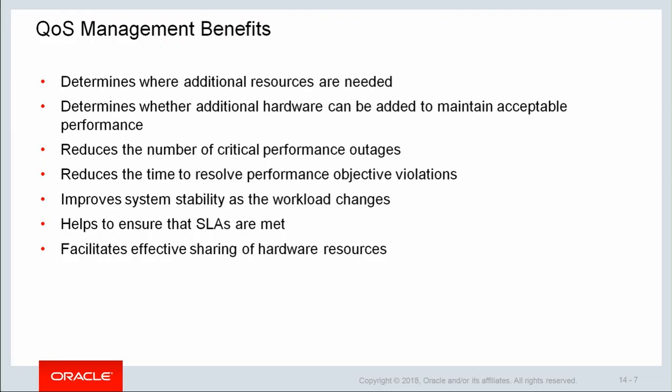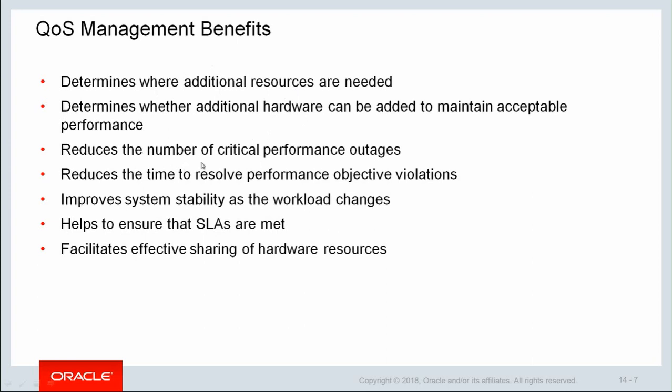So if the application runs slower than expected, Quality of Service examines all these server pool policies, and then checks if it's possible to add additional hardware to maintain better performance.